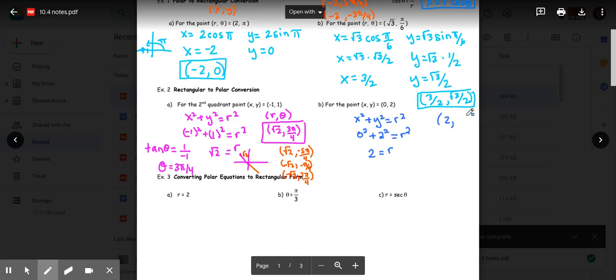So our r is 2. We need our theta now. Once again, there's different ways you could do this. Instead of using tangent, let's use cosine. So x, which is 0, equals r, which is 2, times cosine of theta. All right, so I use the equation x equals r cosine of theta.